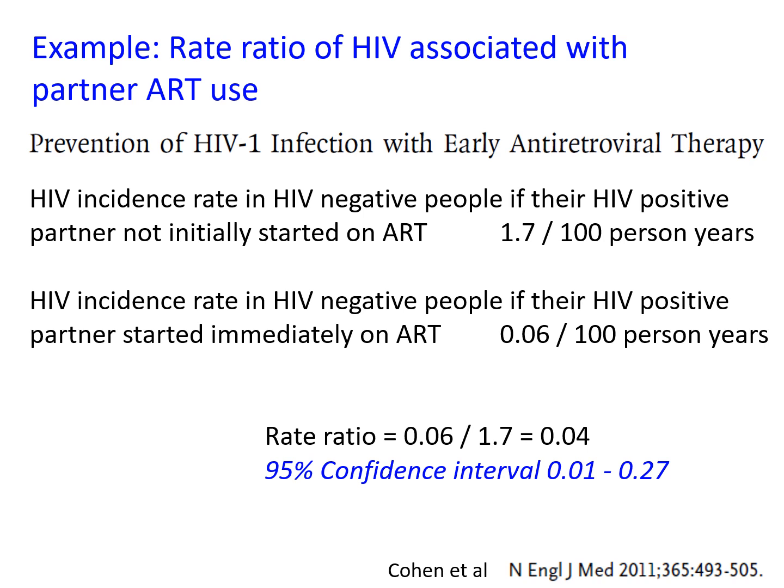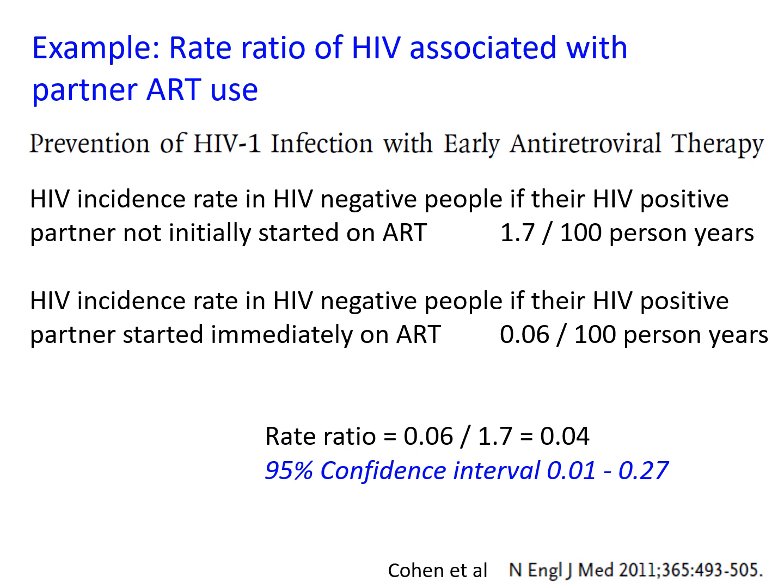The HIV incidence rate in HIV negative people in the group where their partner started immediately on ART was 0.06 per 100 person years. So the rate ratio for those with the exposure, having a partner with antiretroviral treatment, divided by those without the exposure, partner not initially on antiretroviral treatment, the rate ratio was 0.04 with a 95% confidence interval that didn't overlap 1.